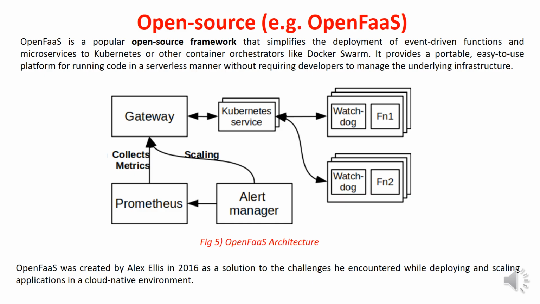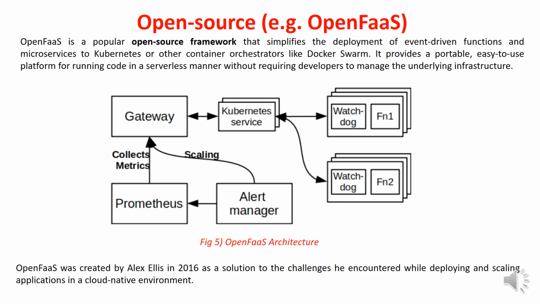It provides a portable, easy to use platform for running code in a serverless manner without requiring developers to manage the underlying infrastructure. OpenFaaS was created by Alex Ellis in 2016 as a solution to the challenges he encountered while deploying and scaling applications in a cloud native environment.